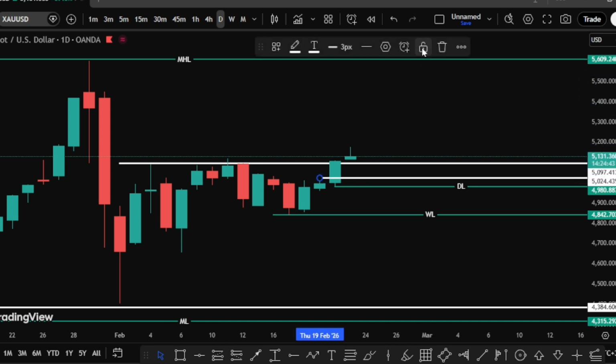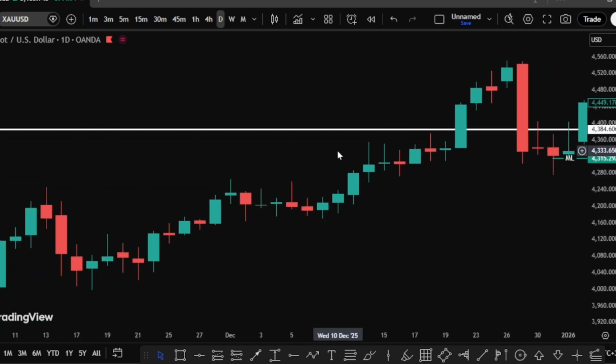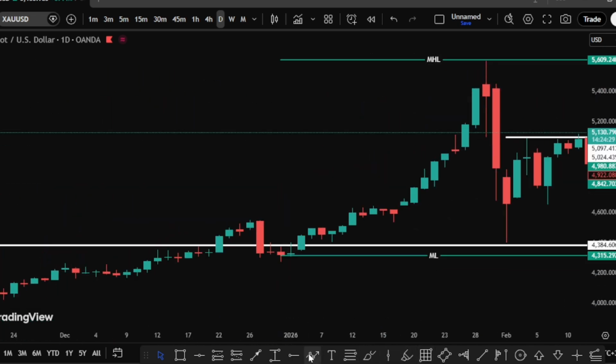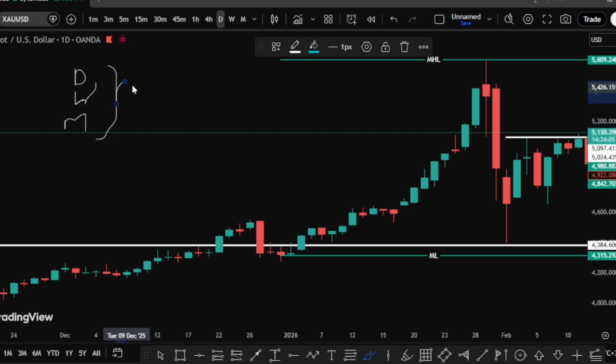Okay. So now we go to lower time frame. Listen, I've said that. Let me write it here. Daily time frame, weekly time frame, and then monthly time frame. These are higher time frames.